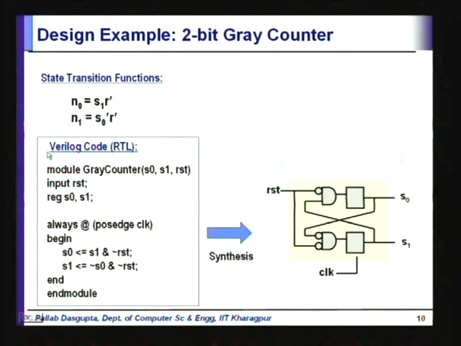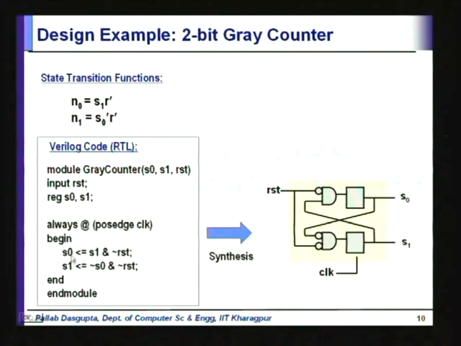we can write a Verilog code at the register transfer level as follows, which says that gray counter is a module which has S0, S1 and reset. RST is an input, and S0 and S1 are registers. Always at posedge clock. So whenever there is a positive edge of the clock, this is what we are going to do.